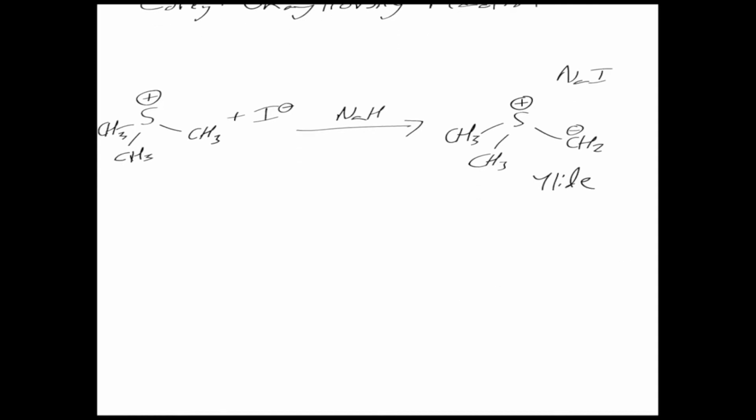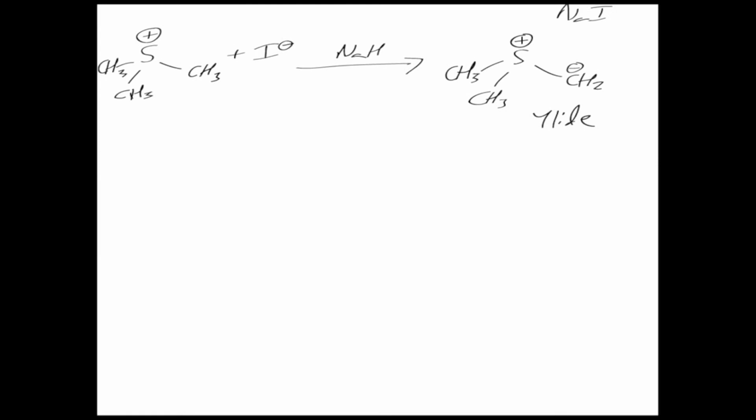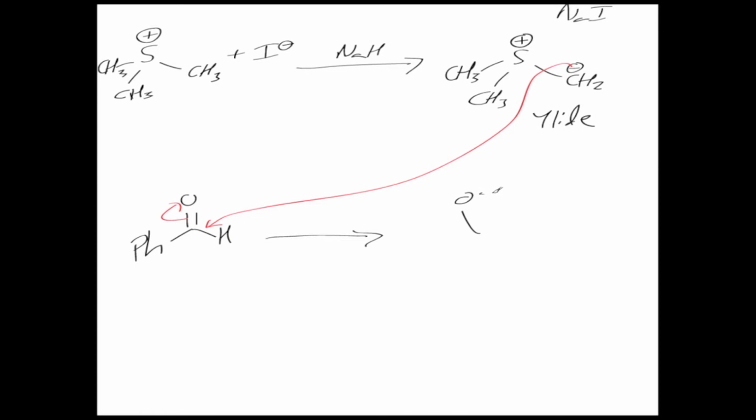I'll just move this down a little bit. And we need something to react it with. So usually what you take is an aldehyde. So if we take benzaldehyde or something like that as an example, and we react that with the carbonyl, we should get, I'll tell you what, I'll write that CH2, and I wouldn't normally do that.